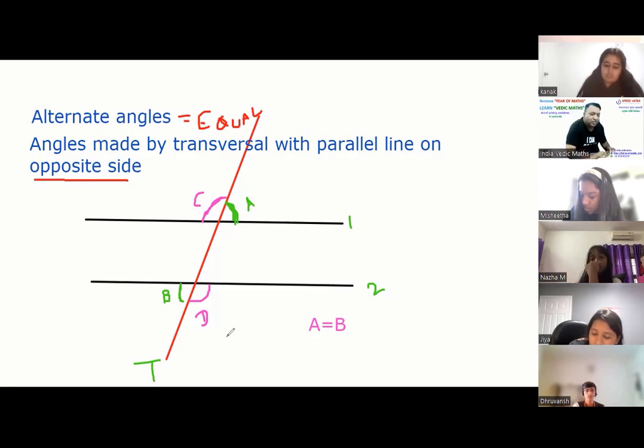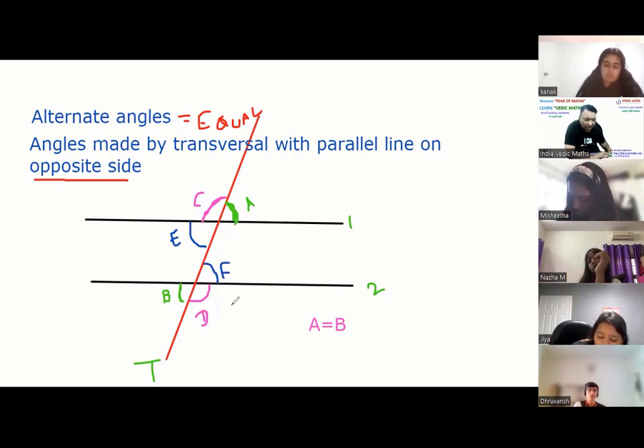So tell me, Dhruvansh, now if I make this angle, let's call it E, then obviously this has to be F. Tell me, are E and F alternate? Yes, sir, they are alternate angles.